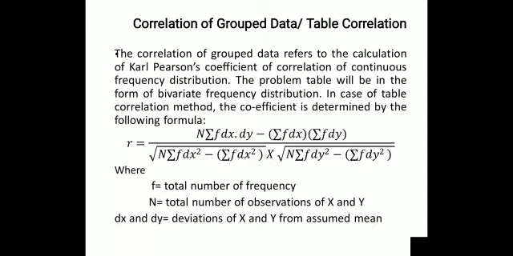Here f in this formula refers to the total number of frequencies, and n refers to the total number of observations, that is the total value of the frequency, and dx and dy, like in the previous problem, are the deviations of the x and y values from their respective assumed means.